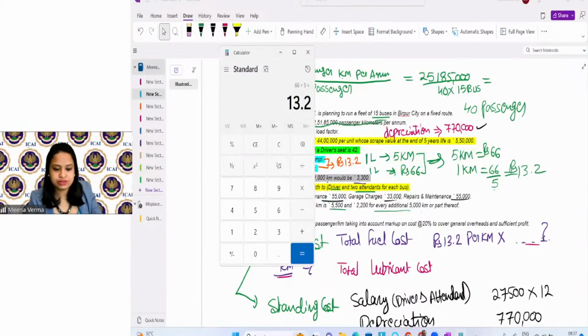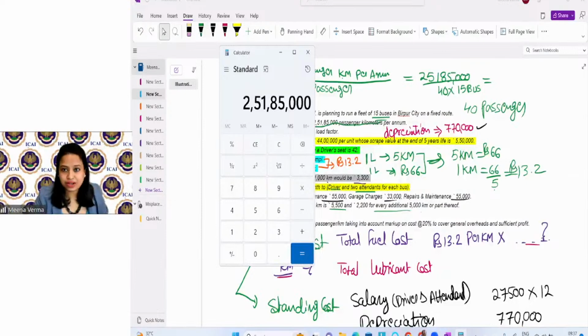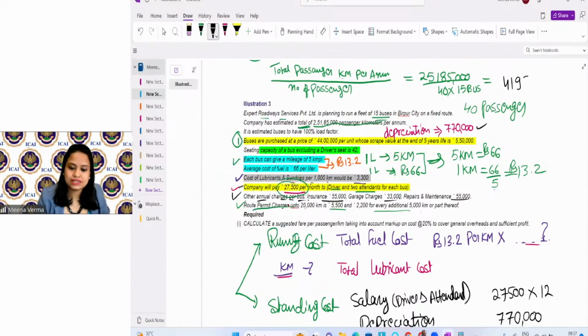So what is it? 25,185,000 divided by 40, divided by 15, you will get 41975 kilometer. This is the distance traveled by one bus in 1 year per annum.